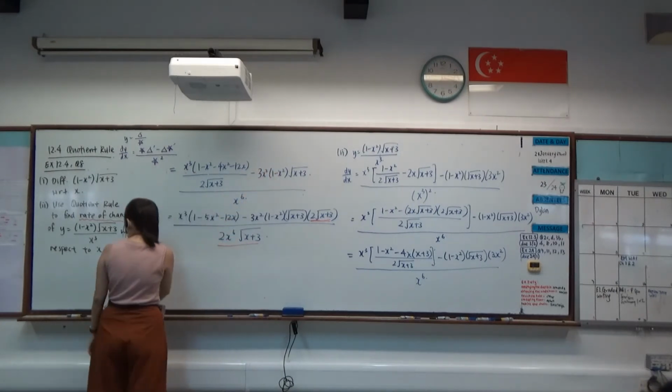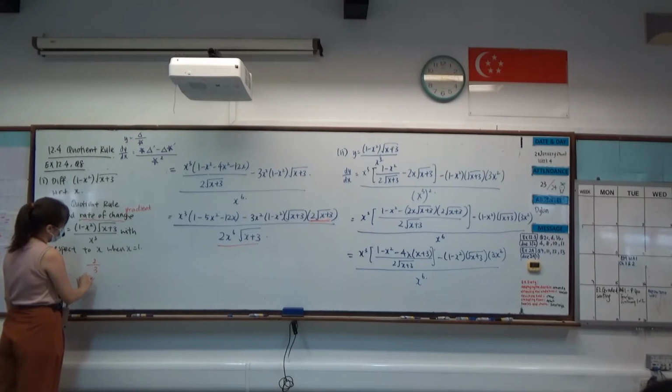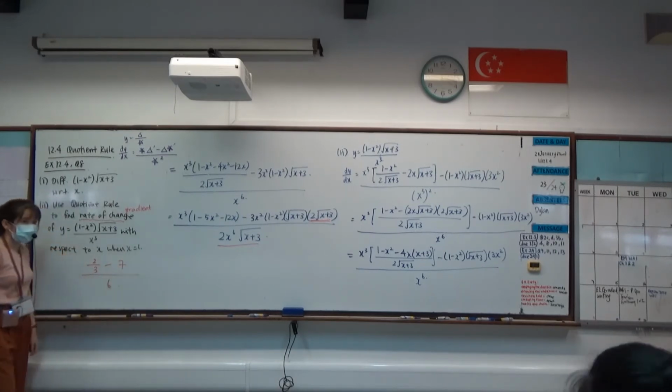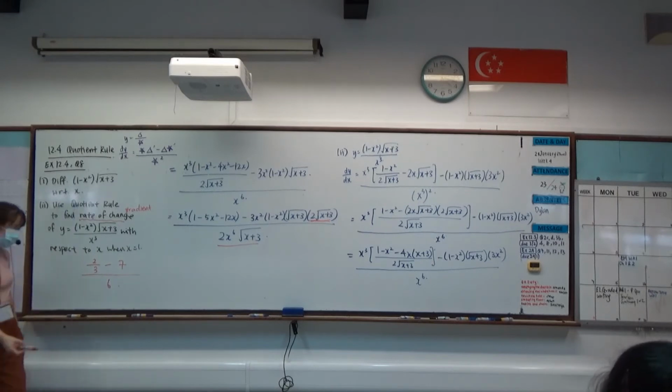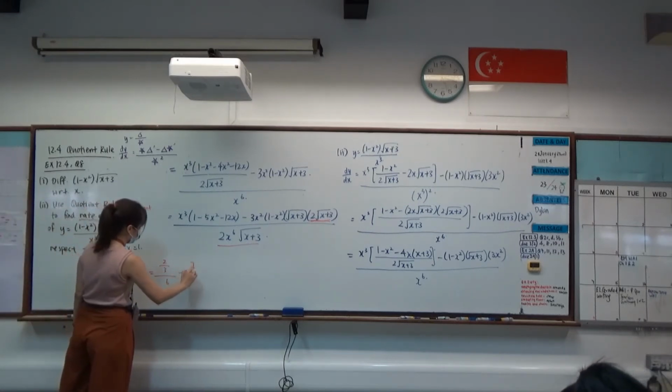It's like, give you a number. 2 over 3 over 6 minus away 7. Okay? This actually means 2 over 3 over 6 minus 7 over 6.